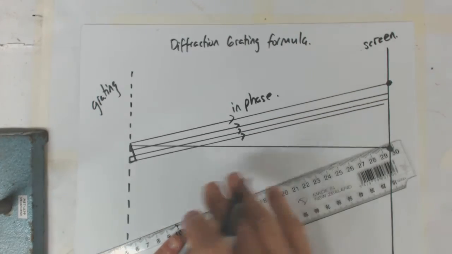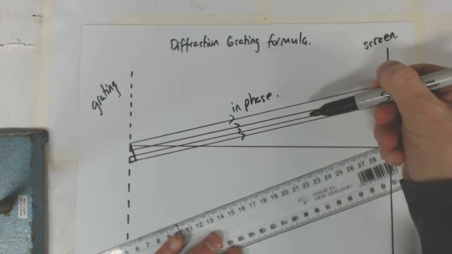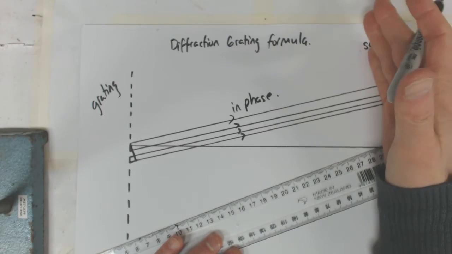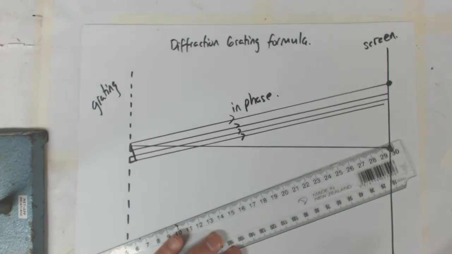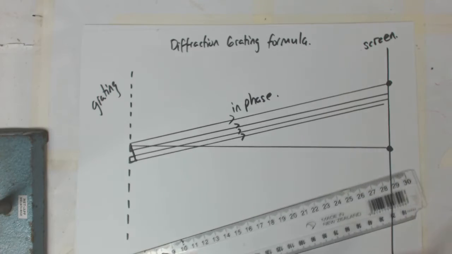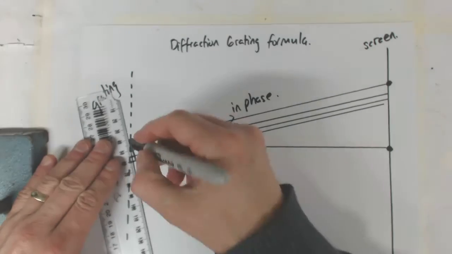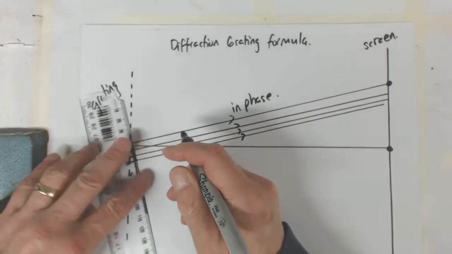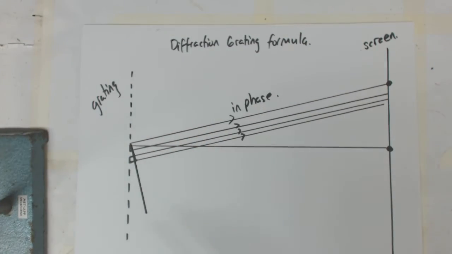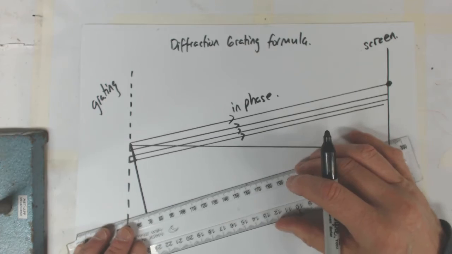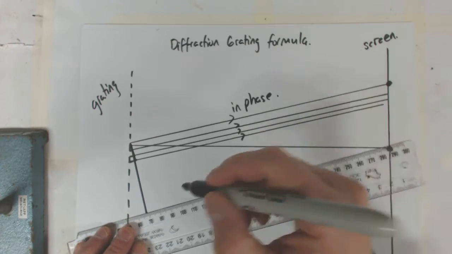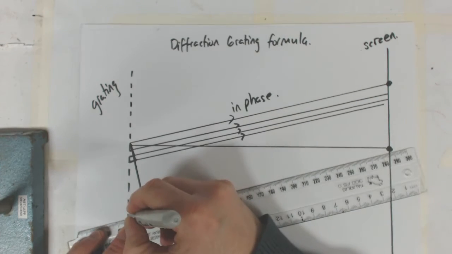So at that angle, if you look down that angle, you're going to see the light. And so therefore, if you put a screen there, you're going to see a bright dot on the screen. Now, if we look at this here, we've got this angle at which this happens. Try and make sure it's reasonably parallel.